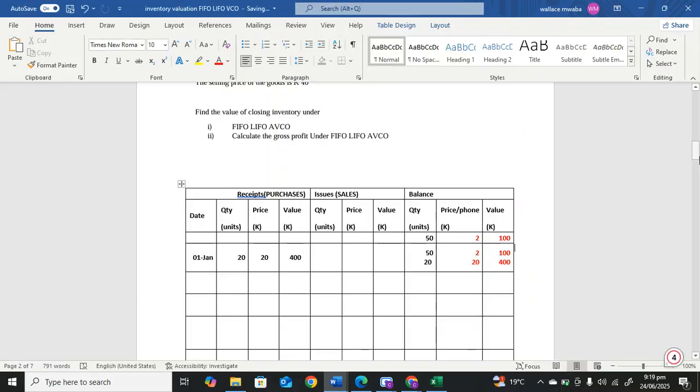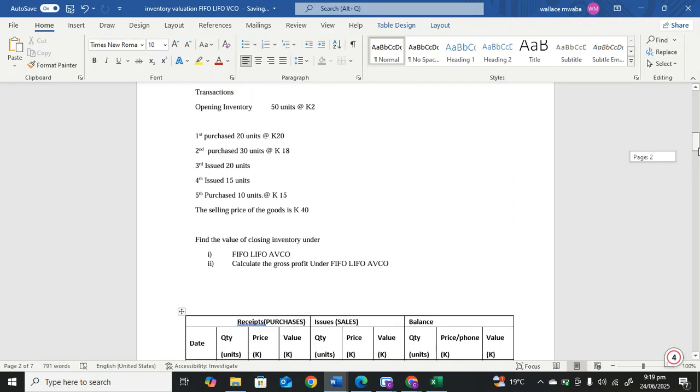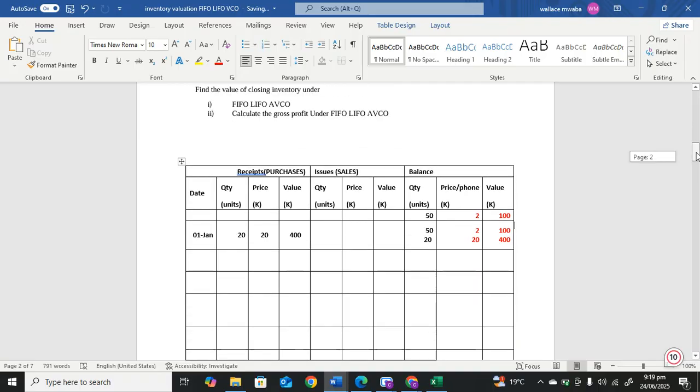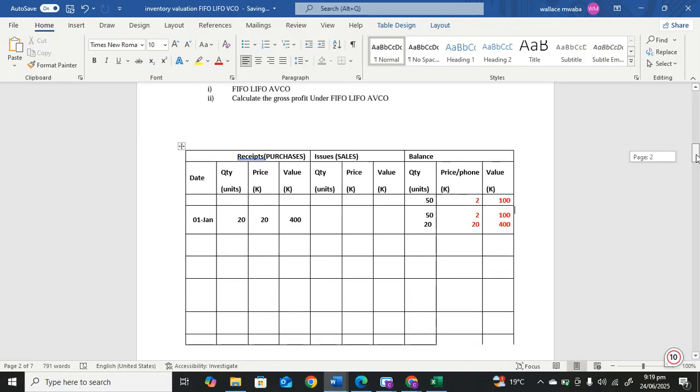Okay, our next transaction, again, there's another purchase. We purchased 30 units at 18 kwacha per unit. So that was on the second.